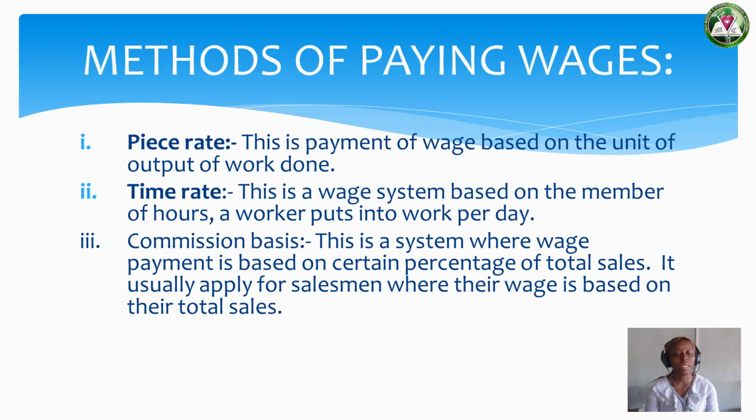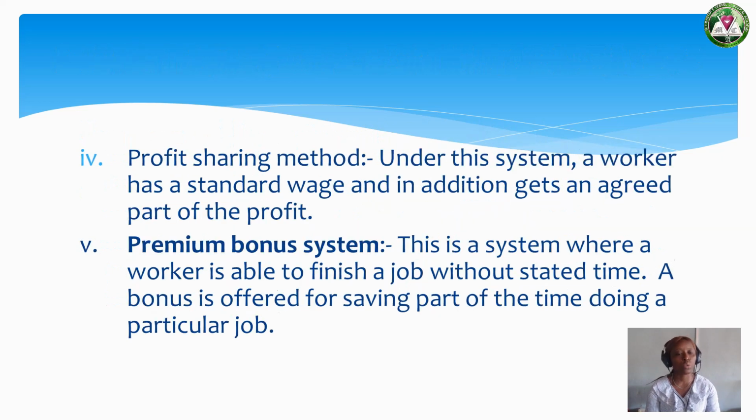The fourth one is the profit sharing method. Under this system, a worker has a standard wage and in addition to that, gets an agreed part of the profit. They say, we will be giving you 5,000 naira as your standard wage.